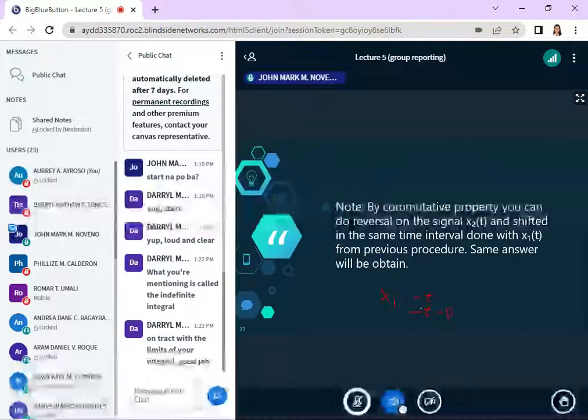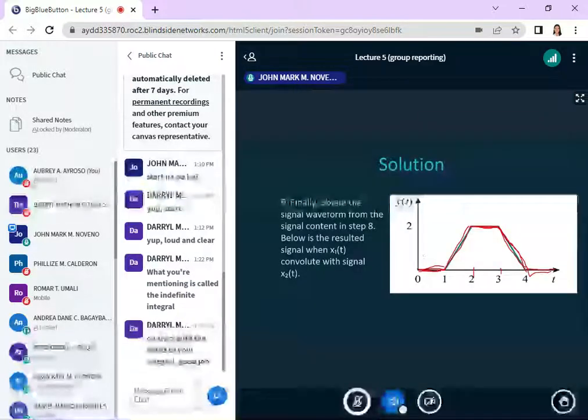Pero ngayon, by the commutative property, ang x sub 2 ang ating time shift tsaka time reverse, magiging ito pa rin yung final answer natin. Ganito pa rin. So that's just a quick note.